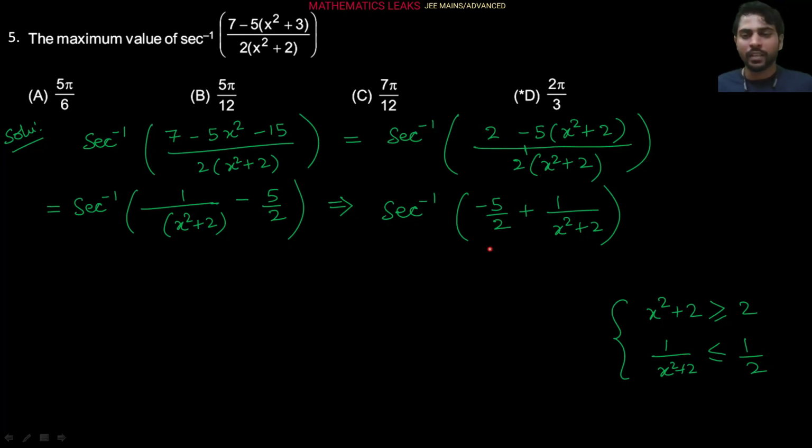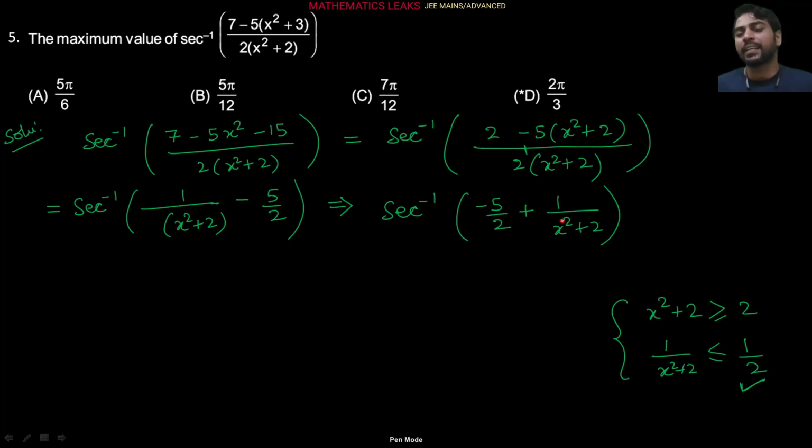Increasing function means: as the input increases, the output increases; as the input decreases, the output decreases. So in basic common sense, maximum input gives maximum output. Here the maximum value of 1 upon x square plus 2 is 1 by 2, so minus 5 by 2 plus the maximum of this will be the maximum argument for secant inverse.